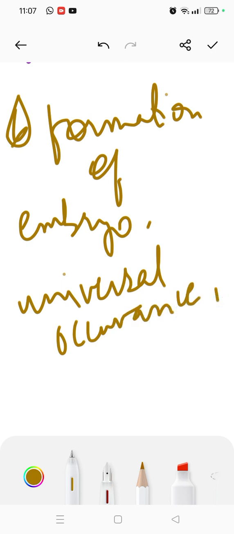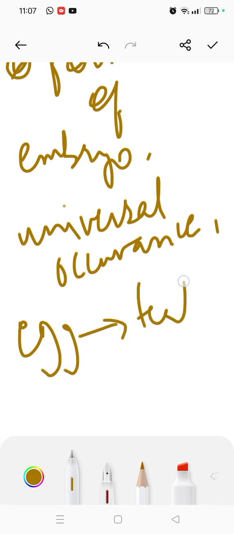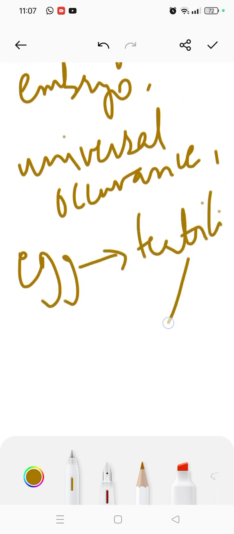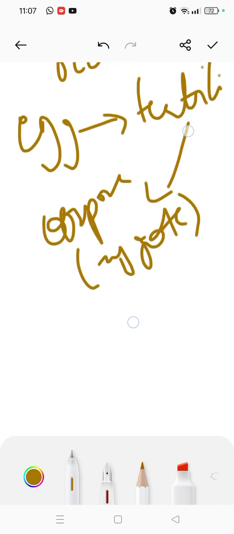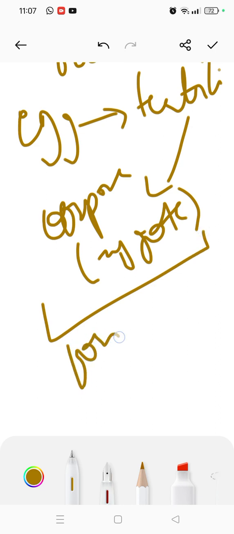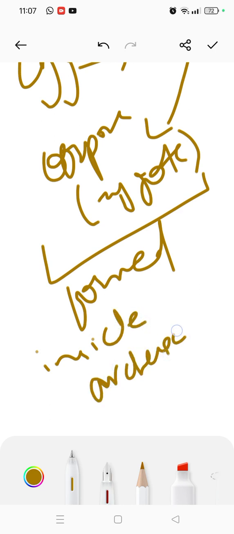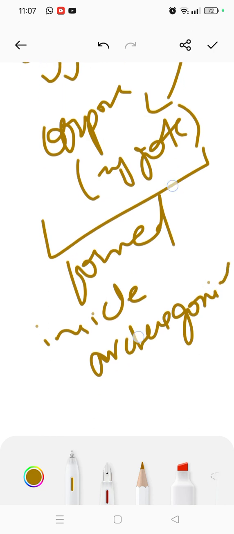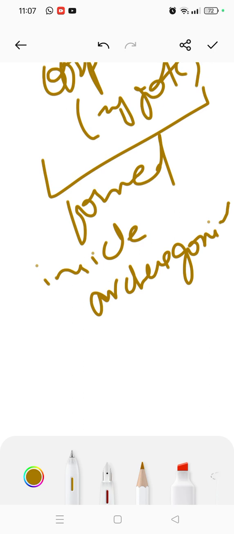The fertilized egg becomes the oospore, which is simply the zygote, formed inside the archegonium. You also see they develop from oospores, and are divided by a protective covering.